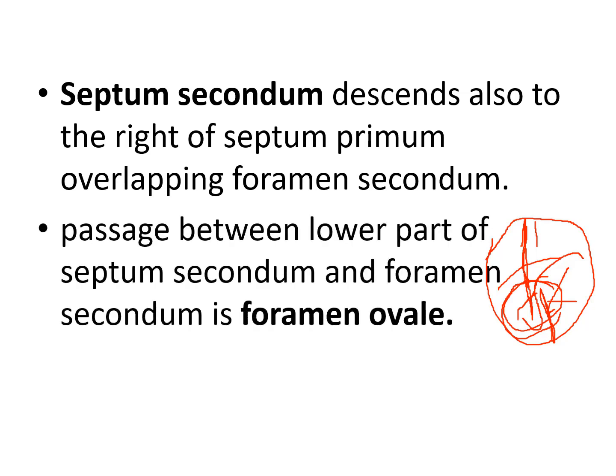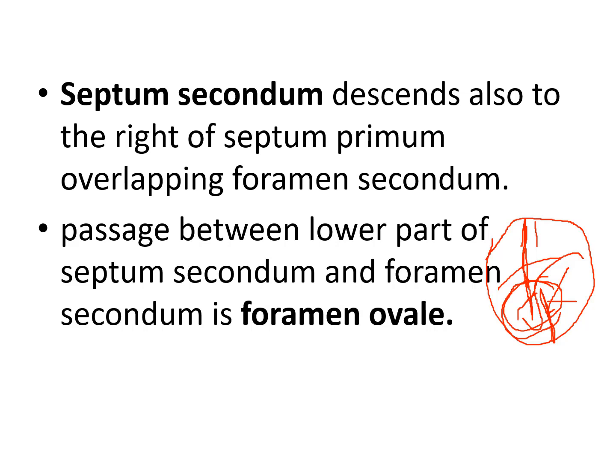So the passage between the lower part of the septum secundum and the foramen secundum is foramen ovale. So the foramen ovale is not like foramen primum or foramen secundum. No, it is a complex opening. The blood should pass below the lower part of the septum secundum.